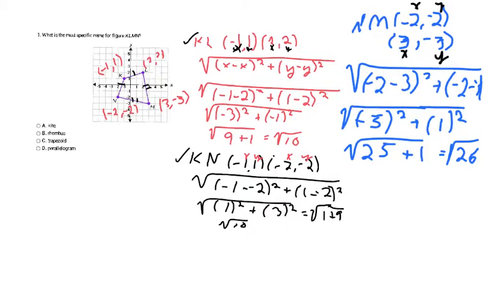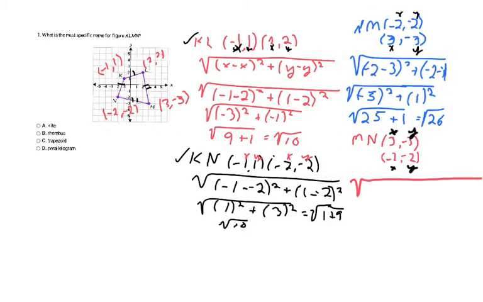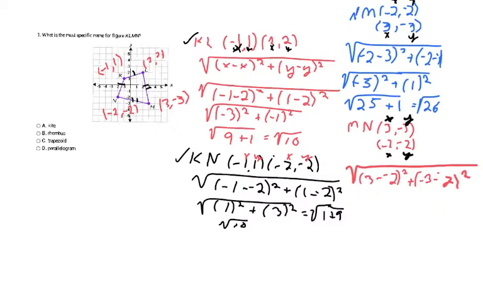Then I want to check to make sure the length of MN is the same. I wrote down the coordinates for MN, and I'm going to substitute into the distance formula. I'm going to subtract my x's, so it's 3 minus a negative 2, that quantity squared, plus, subtracting my y's, negative 3 minus a negative 2, that quantity squared.